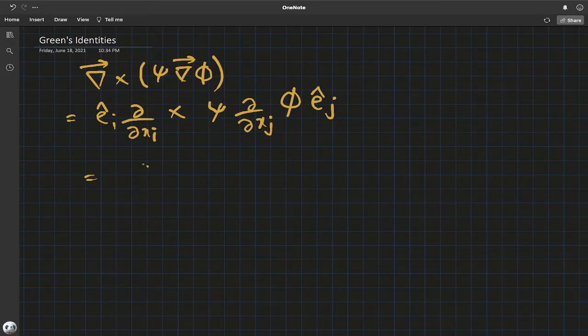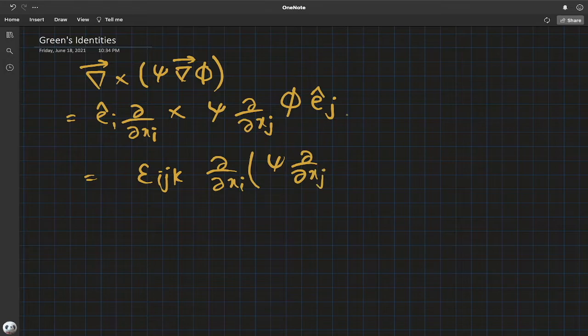Now doing the cross product, we get a Levi-Civita ijk partial xi acting on psi partial xj phi ek.